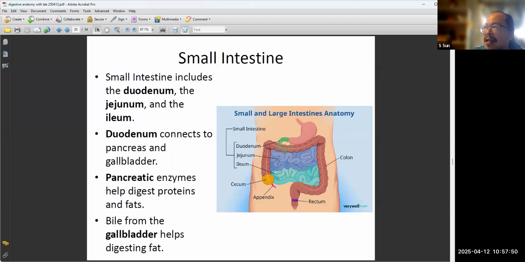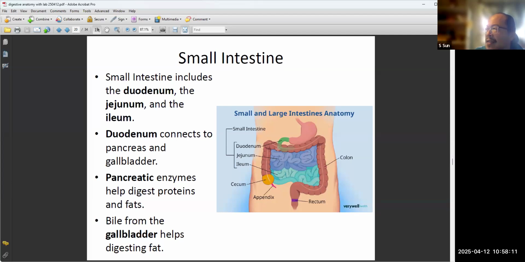The duodenum has support from 2 other organs. The duodenum connects with the pancreas and the gallbladder. The pancreas releases pancreatic enzyme. The gallbladder releases bile.